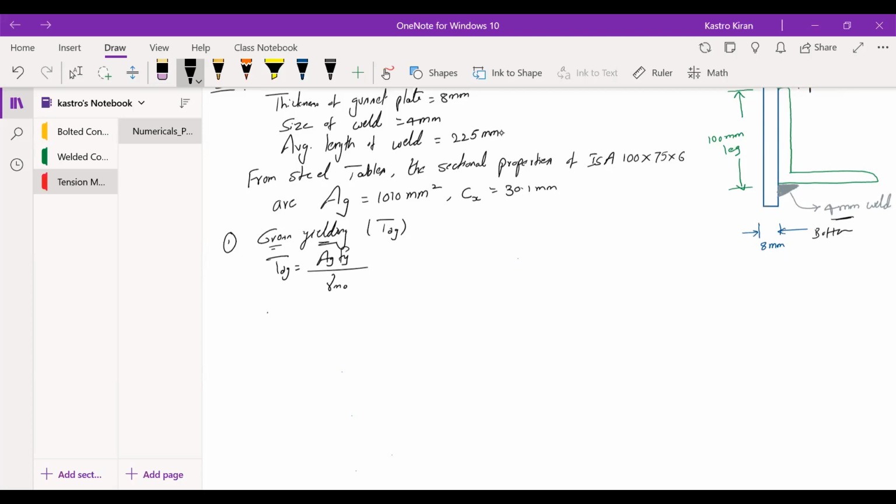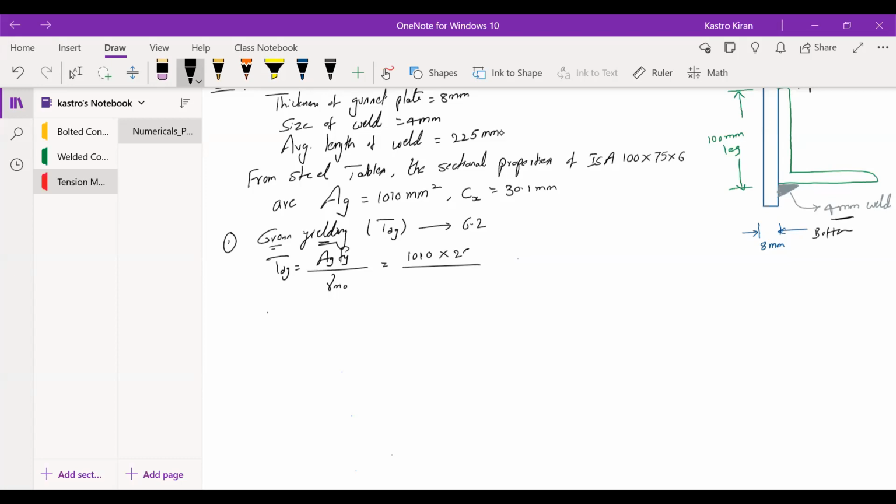Please open the code books and refer to the code which is available. I guess it is page number 32. So if you go to page number 32 and refer to clause 6.2, these values are available there. The value is Ag into Fy by gamma m naught, where Ag equals the gross area of the angle section, obtained from the steel tables book.